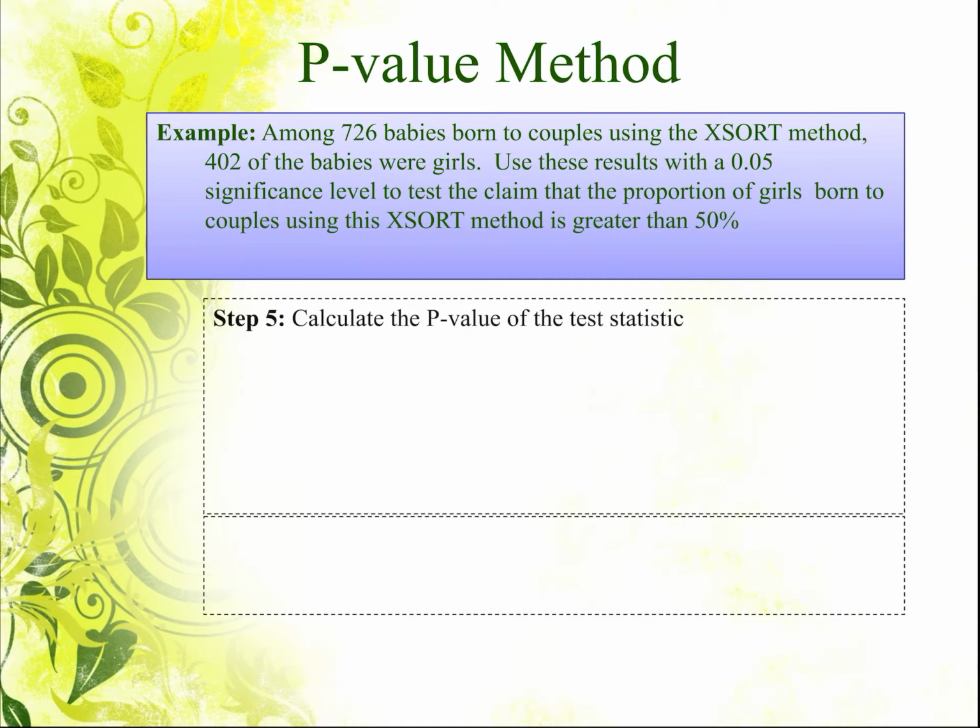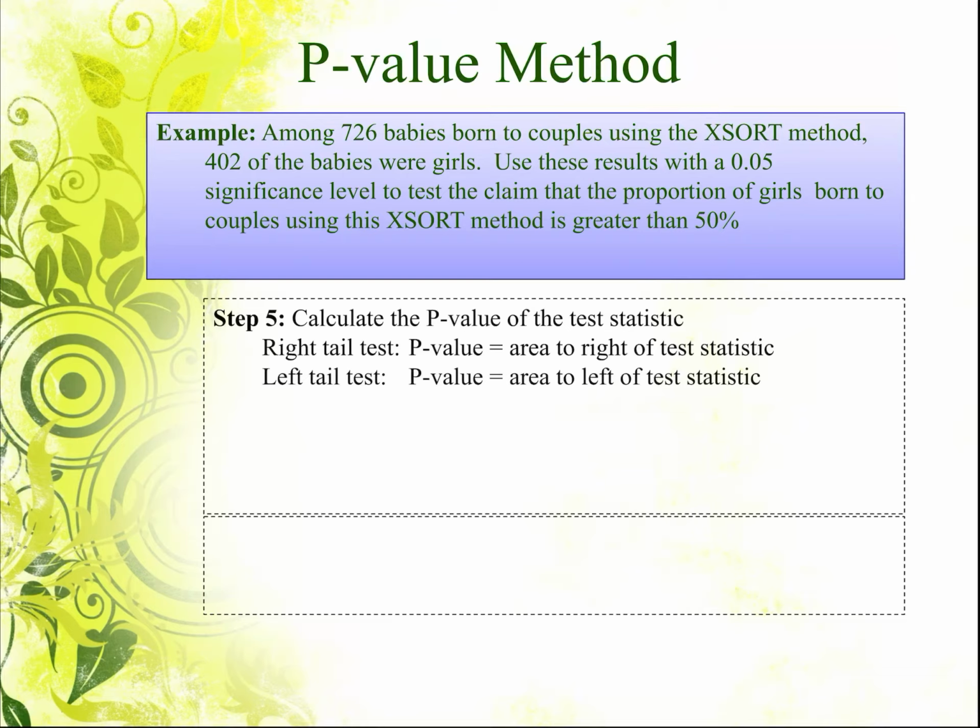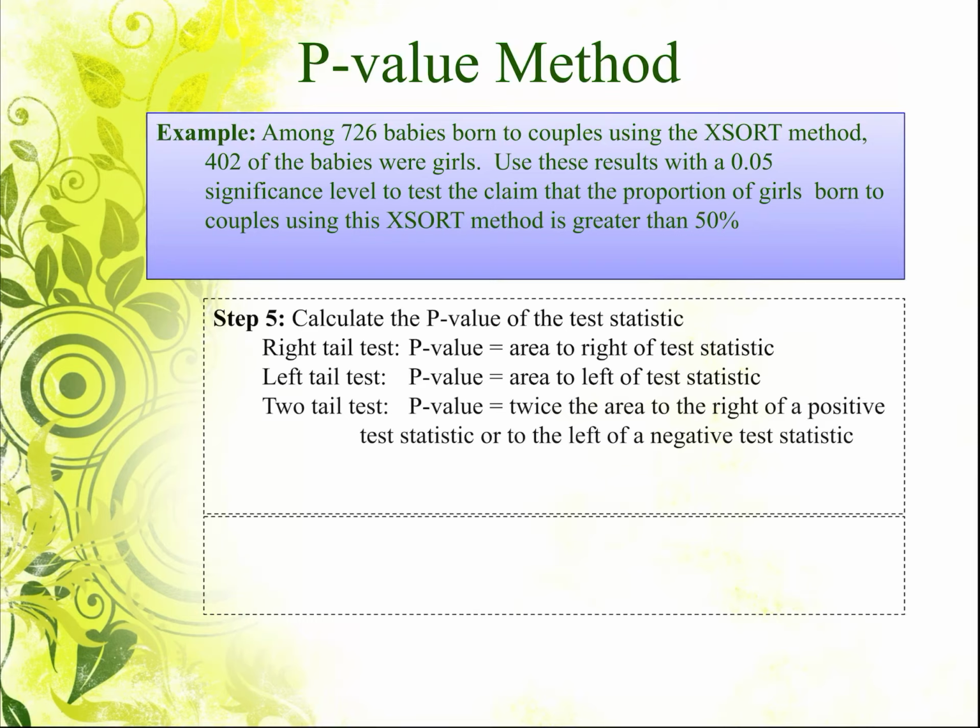Okay, next step. Calculate the p-value of this test statistic, because that's the method that we're going to use. Since this is a right-tailed test, p was greater than 0.5, we're going to find the area to the right of our test statistic. If it were a left-tailed test, we'd find the area to the left of the test statistic. And if it were a two-tailed test, we'd find the area to the right or the area to the left, depending on whether the test statistic is positive or negative, and multiply by 2.